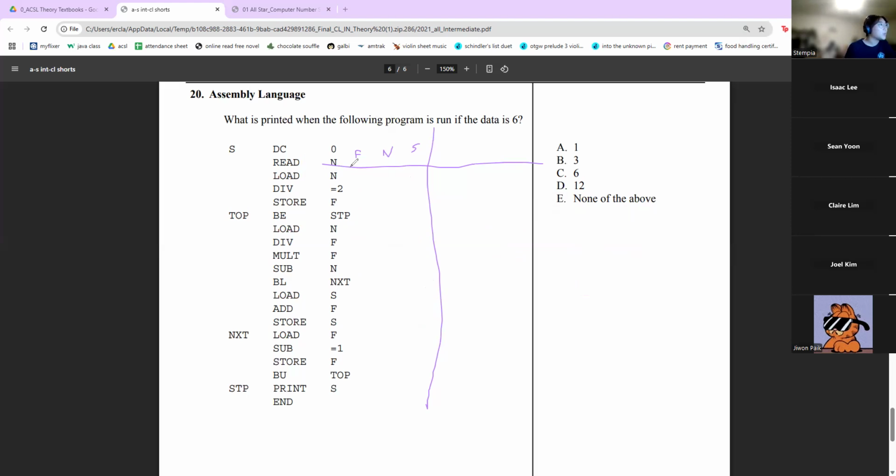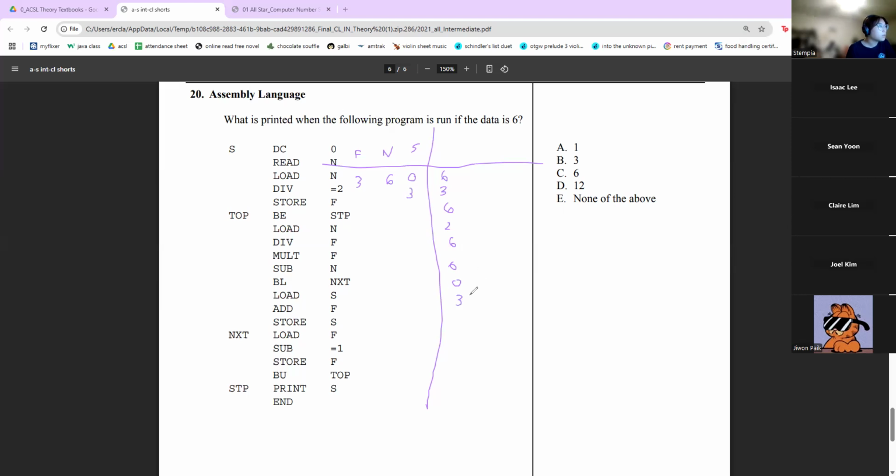Okay, sorry. S is declared as 0, n is read as 6. We're gonna load n, divide by 2 to give us 3, and we're gonna store that in f. It's not equal to 0, so we load n, divide by f, multiply by f, subtract n, load s, add f, store this in f.